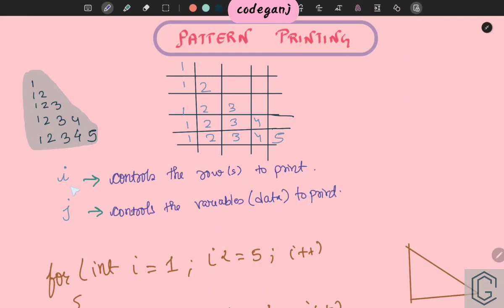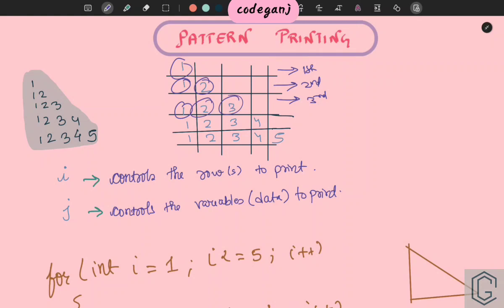So i controls in which row you are going to print: the first row, the second row, the third row. j is the variables that you are going to print: 1, 1 2, 1 2 3. Cool, getting the point? Very good.